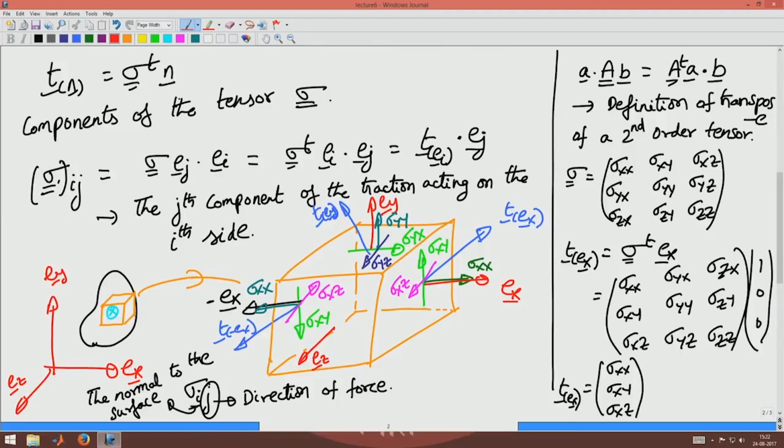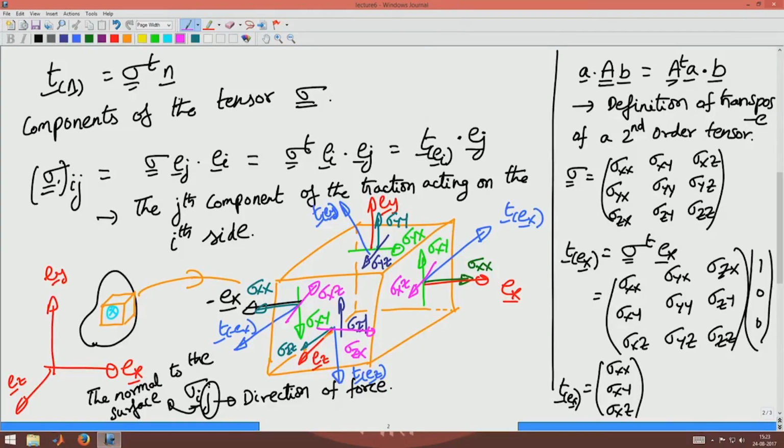So, the traction would be acting in some inclined manner like this, T of E z, and now the component along the normal direction would be sigma z z, and then this component would be sigma z y, and this component is going to be sigma z x. Okay. That component is going to be sigma z x.